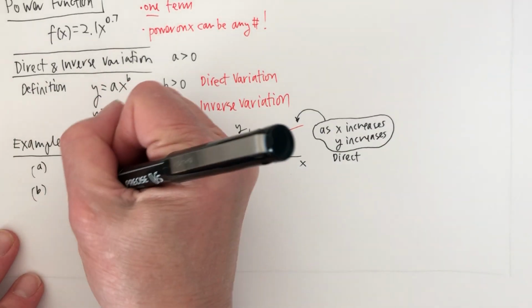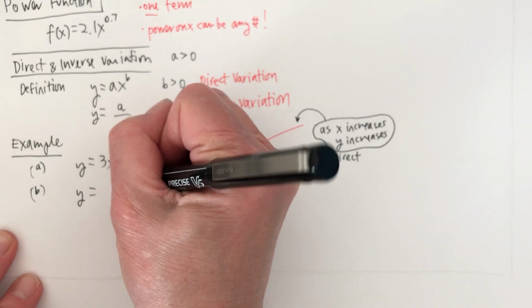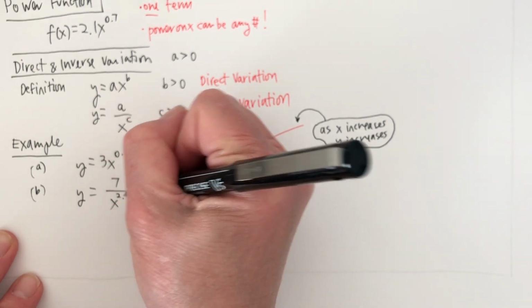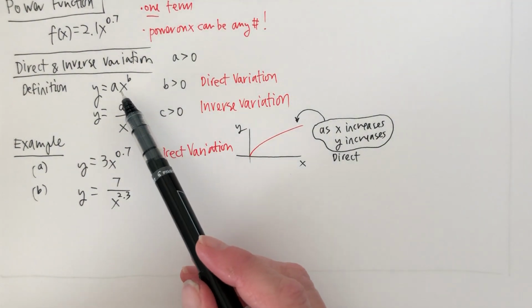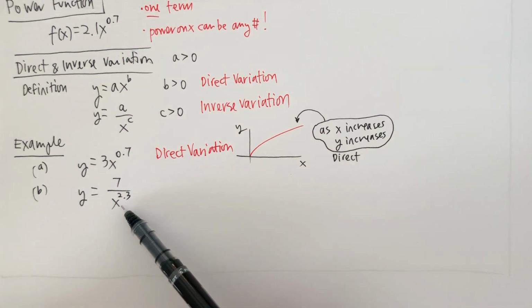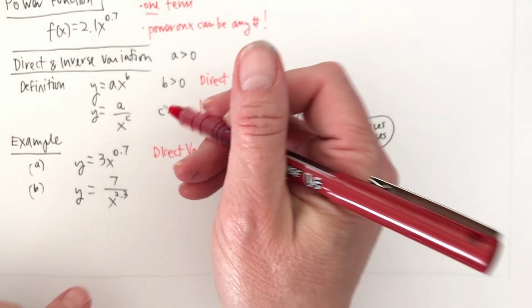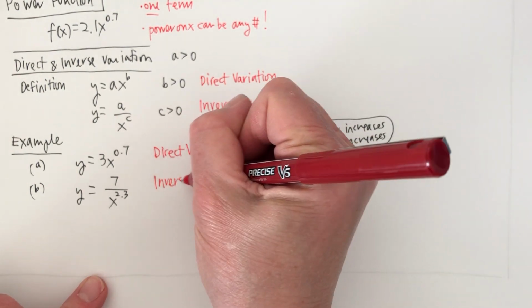Another example, if we had y equals 7 over x to the 2.3, we think, okay, which case are we in? Well, this is a positive exponent on x, but x is in the denominator, so this is definitely inverse variation.